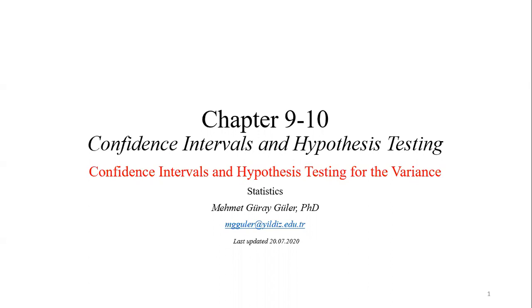So, well, recall what we did so far. We said that I want to infer information about the mean of a population, which is mu, and I just use x bar in order to say something about mu.